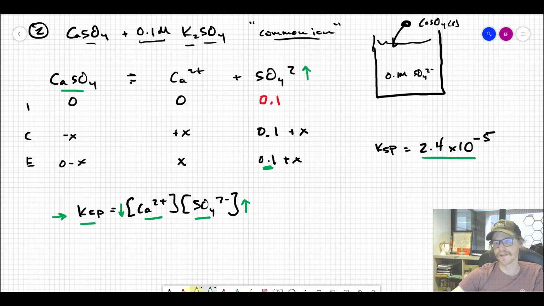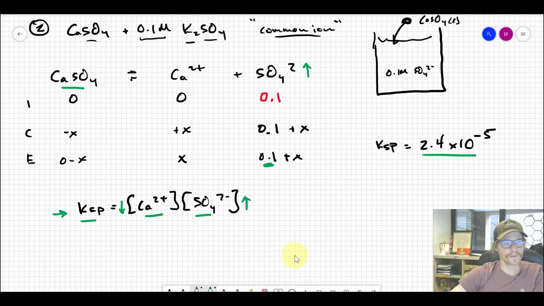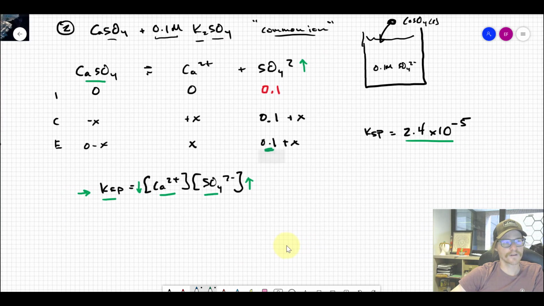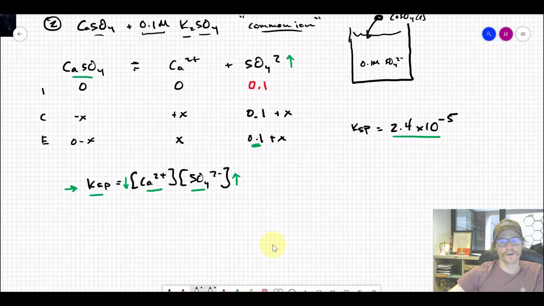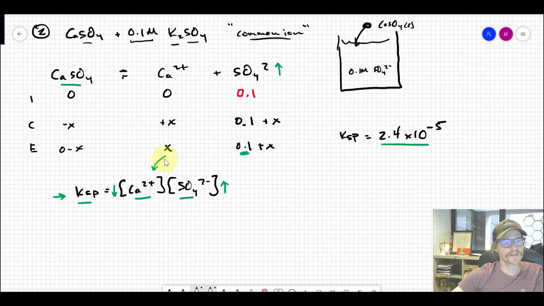So how do we set up this expression? Well, we just plug these values into our original expression. So let me scroll this up a little bit, maybe zoom out so we've got a little bit more room. So this turns into plugging in X for this and 0.1 plus X for this value.